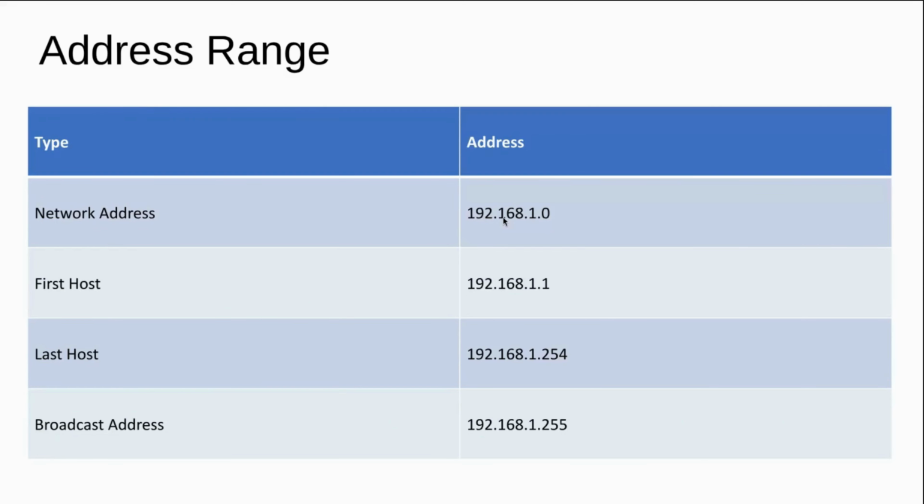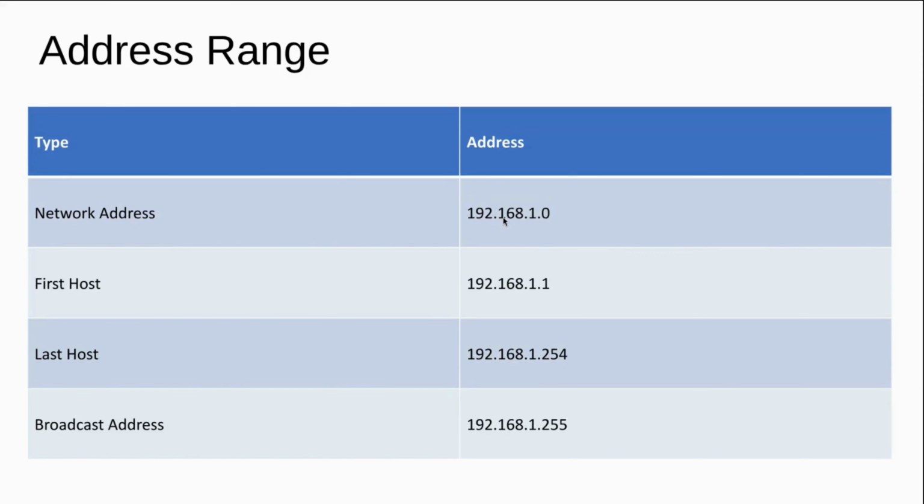And next, network address range, the types. If we take an IP address of 192.168.1.0, which is the first IP address of a network, it is known as the network address.